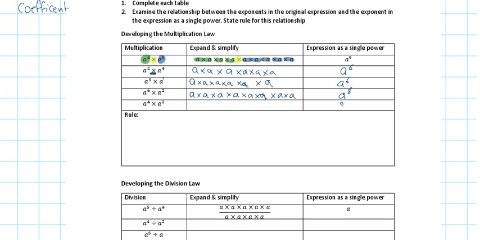So instead of me writing a times a times a times a times a times a, I can simply just keep the base, add the exponent. Okay? This is called the multiplication law. So if you see right here, the product rule, where you have the same base, you're multiplying them. What you do, you keep the base, you add the exponent. So the rule is, we're going to write the rule in terms of letters.